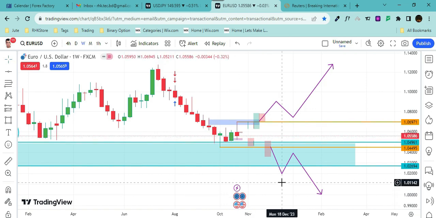So next week, you can see this price level. If the price goes beyond 1.0697 or 1.07, we can go for a buy, and if it goes beyond 1.2069, 1.270, whatever you think, I think we can go for a sell.